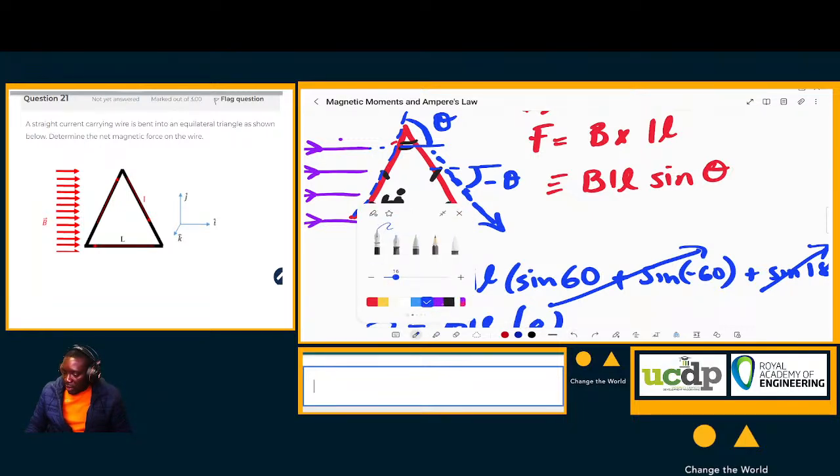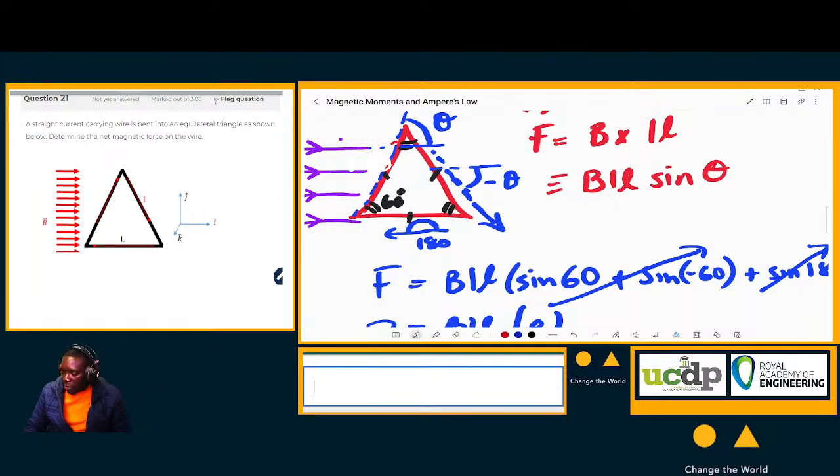So the force at this point is into the plane. We mark it with an X. Then the force on this side is out of the plane. We mark it with a dot.